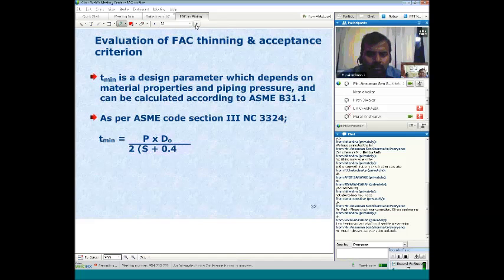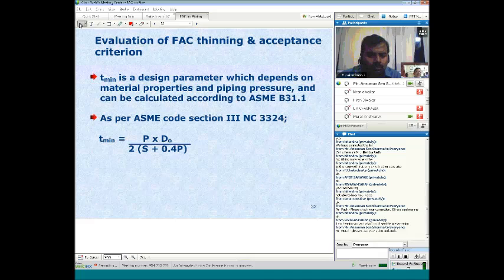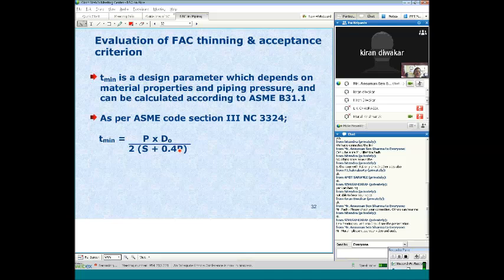As per ASME code Section III NC-3324, the T minimum can be taken as P D_O by 2S plus 0.4 P. Here P is the pressure under which it is working, D_O is the OD of the pipe, and S is the allowable stress of the material of the pipe. So you need to check the T minimum from this.